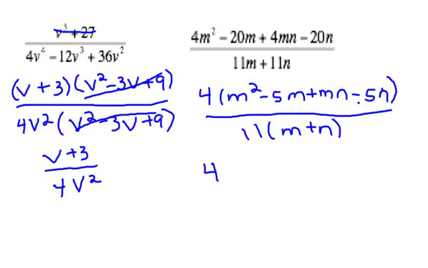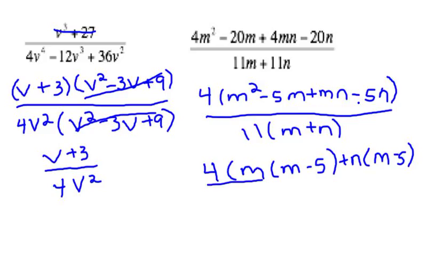I had 4, and what was alike in the first 2 was an m, and that's times m minus 5. What's alike in the second 2 is an n, and I have the minus that I want, so I bring out a plus n, and that also leaves me m minus 5 over my 11 times m plus n that I already factored out.